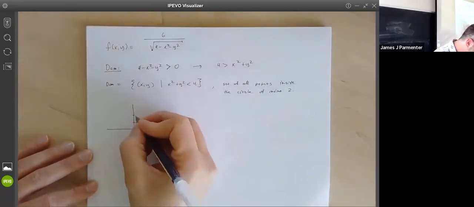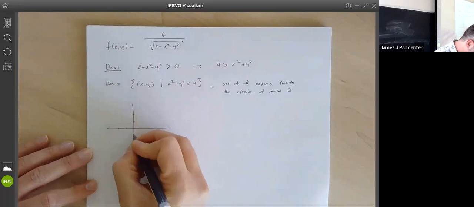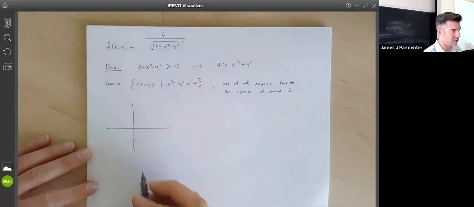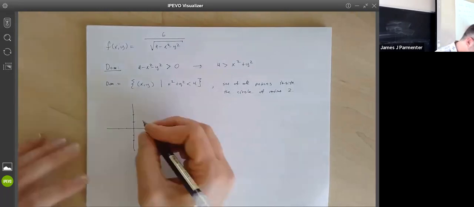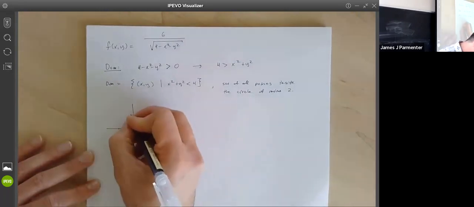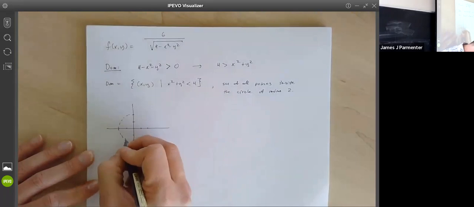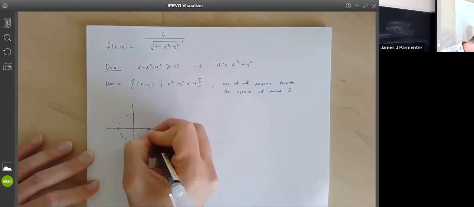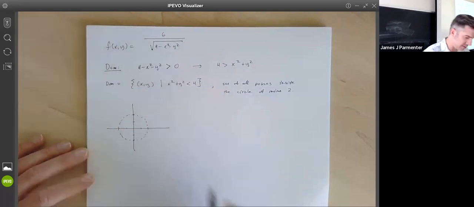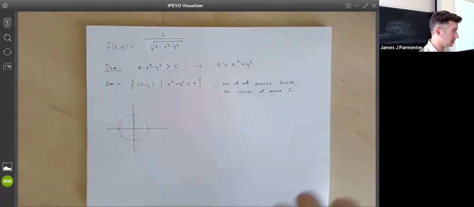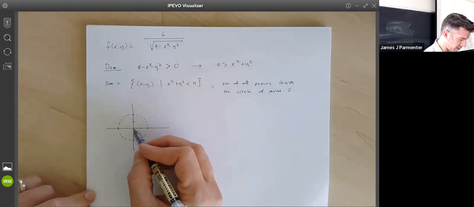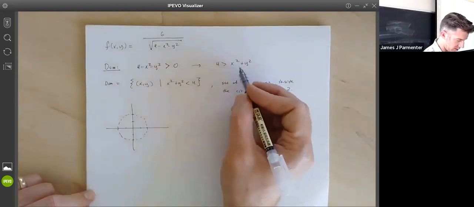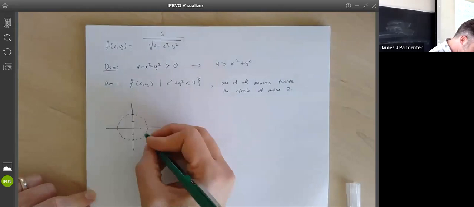That should give us a clue as to whether it's closed or open, since we are not including the boundary. So here's the boundary of our domain. I got a little ahead of myself. I should have said we were going to check whether it's the inside or the outside. If it was the inside, 0, 0 should work. If I plug in 0, 0, that works. So we definitely want the inside.